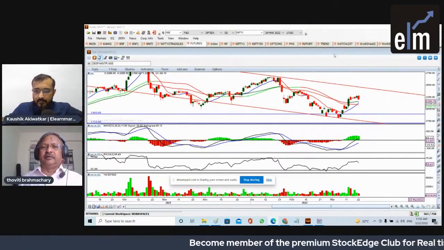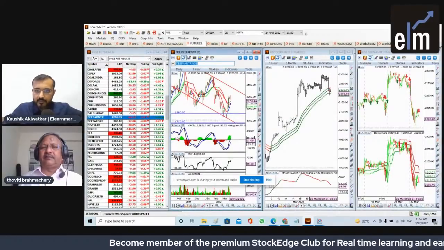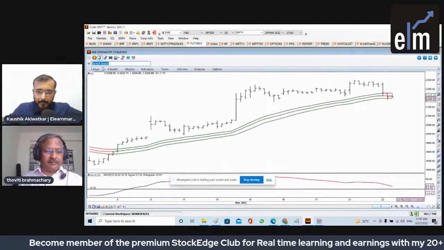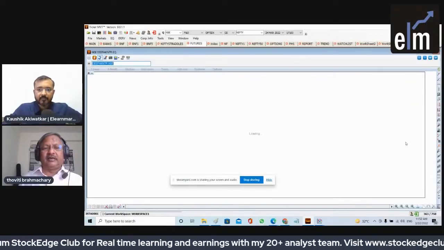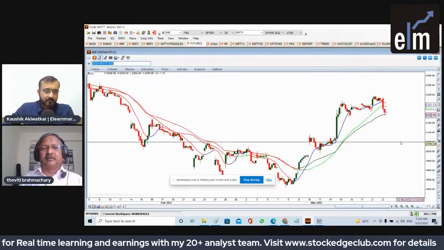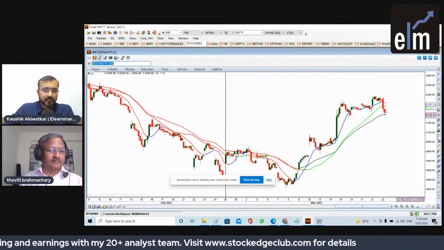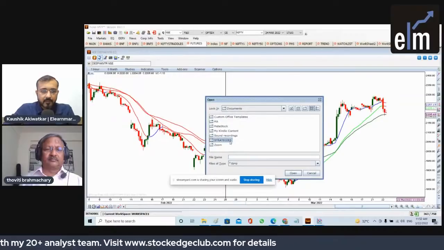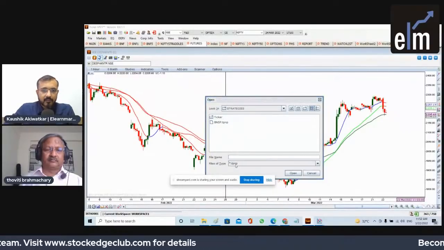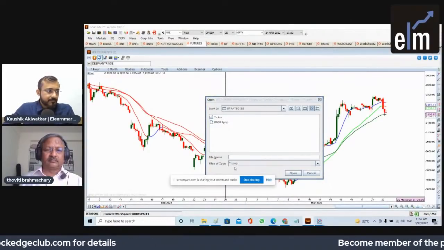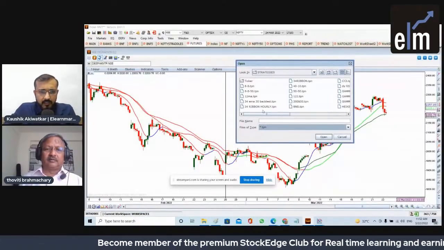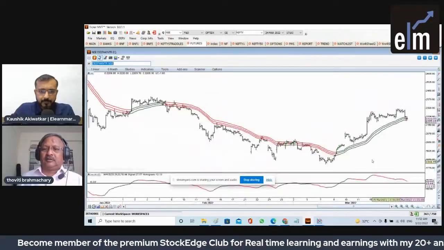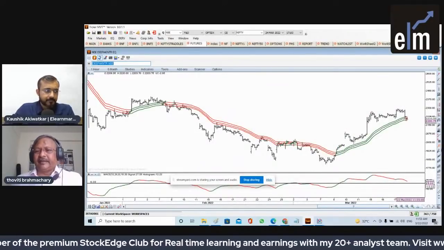So the trend is negative. Even if you look at this hourly chart, it is the same thing. There will be no change in the trend in this chart either. So it's clearly negative, right?